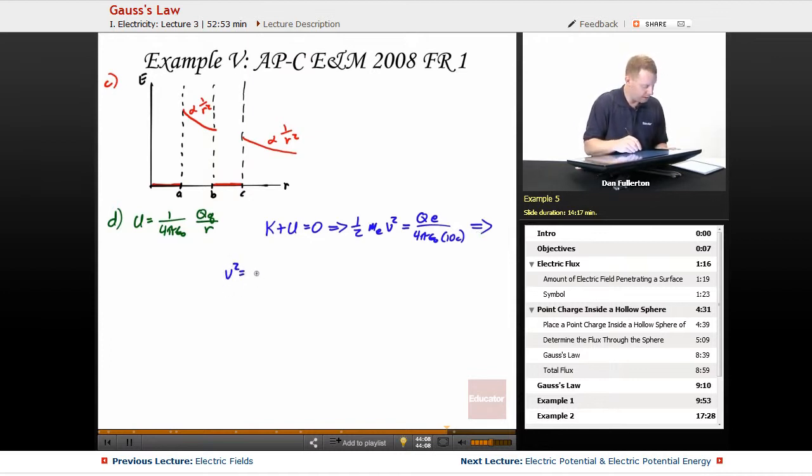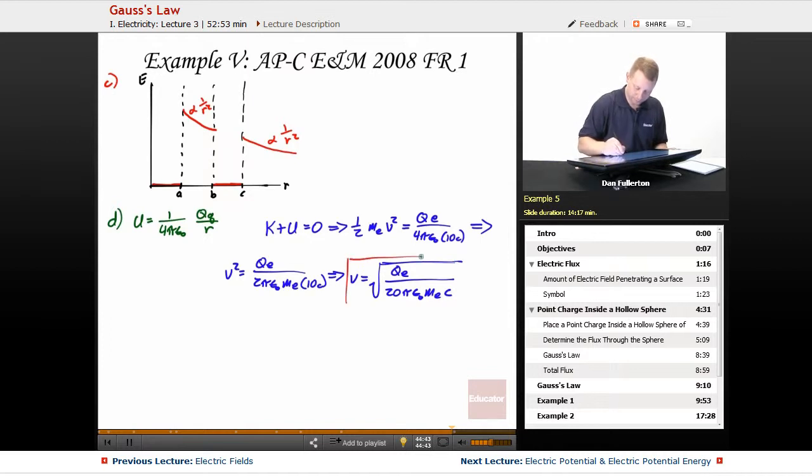V squared then is going to be equal to, now let's see, if we've got the 2 there, Q times E over 2 pi epsilon naught me times 10c. Therefore, V itself is going to be equal to the square root of QE over 2 times 10, which is 20 pi epsilon naught me c, square root.